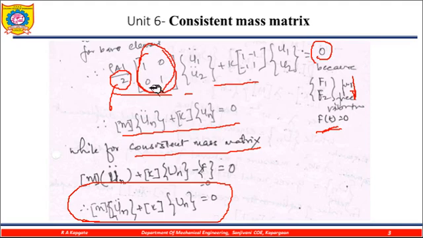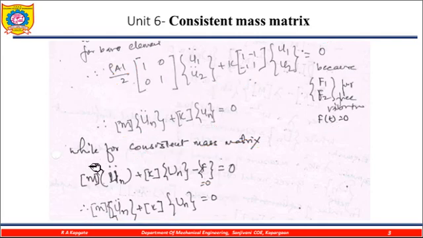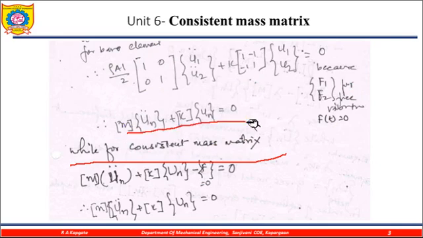Those values we need to use here, because they are the values for the consistent mass matrix, while there is no change at all in the stiffness matrix. So this is the matrix for the lumped mass matrix, and this one is for the consistent mass matrix.